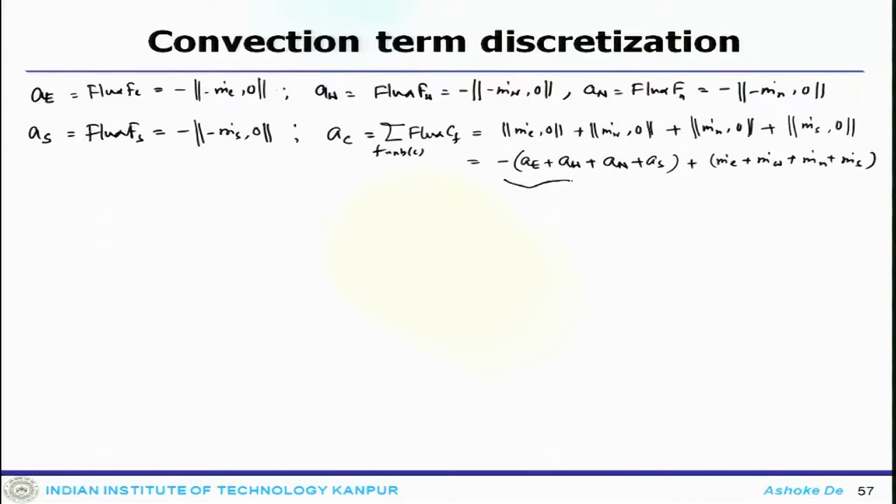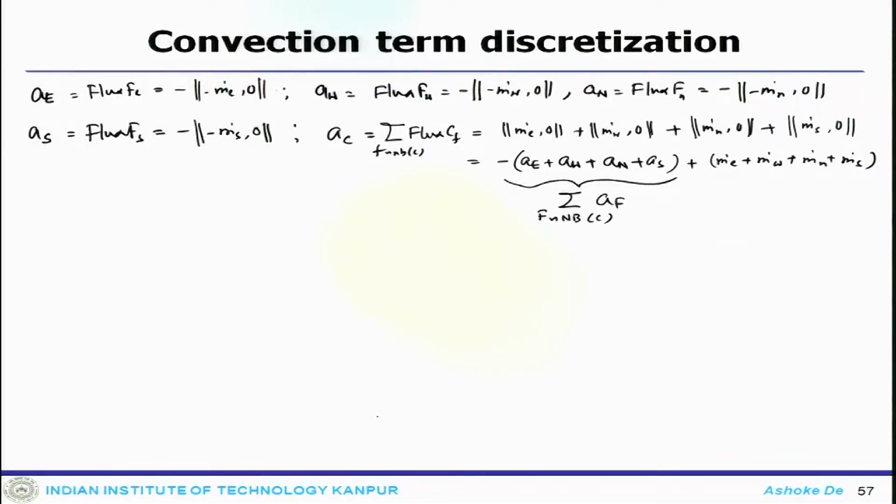This essentially gets you back a coefficient which you can think of as the sum over neighbor cells of capital A f. That is how you get it when you use the upwind scheme.